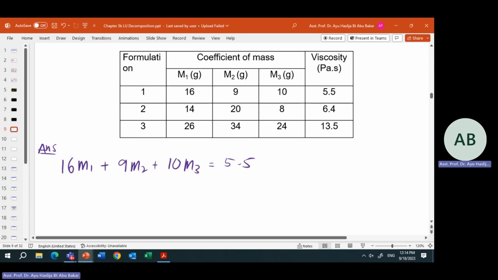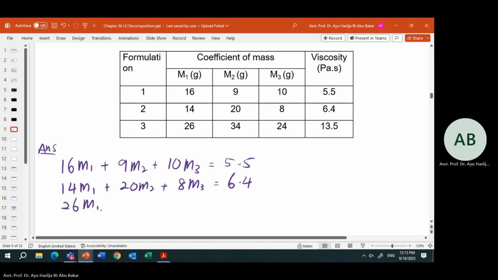This is the equation that you need to generate. The same goes for the second formulation. You generate the equation. Okay, so these are the equations.